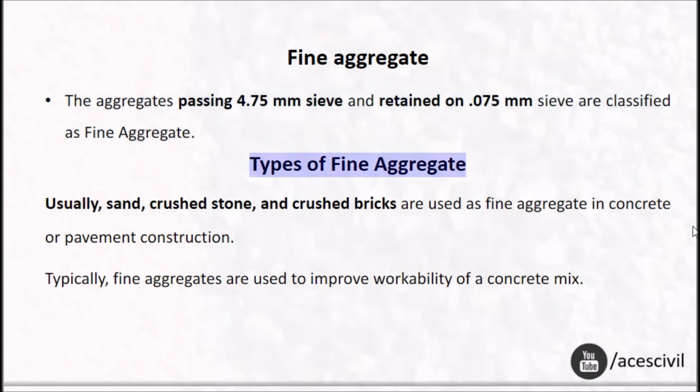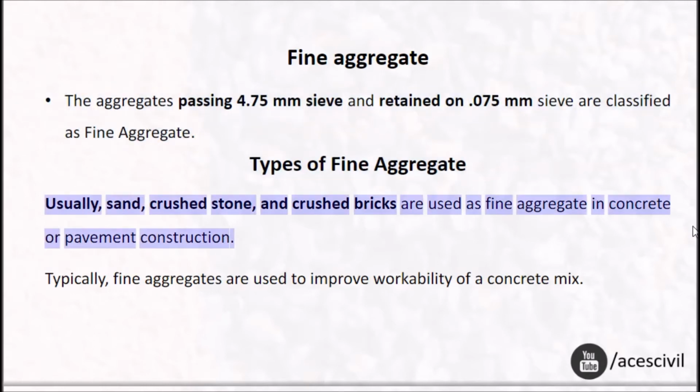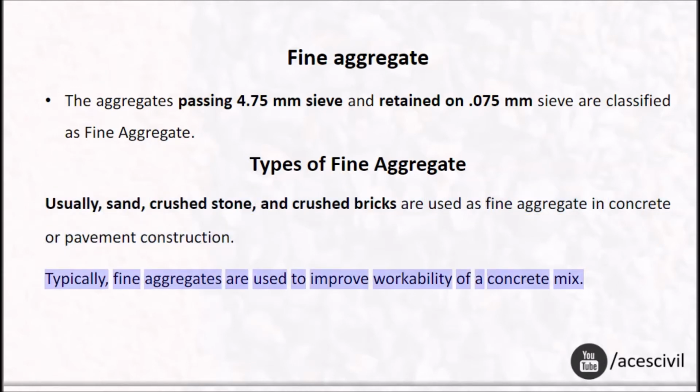Types of fine aggregate. Usually, sand, crushed stone, and crushed bricks are used as fine aggregate in concrete or pavement construction. Typically, fine aggregates are used to improve workability of a concrete mix.